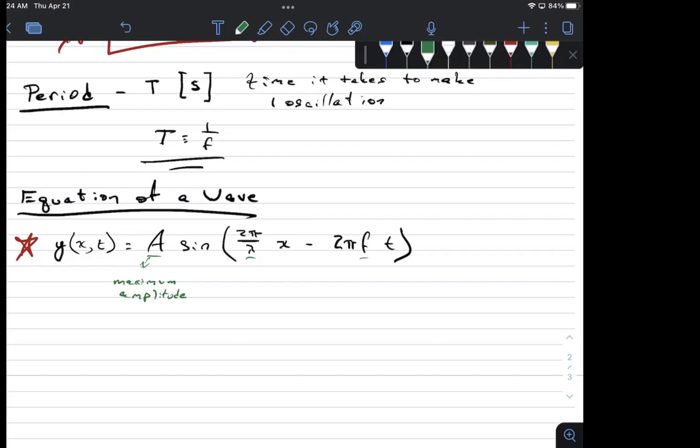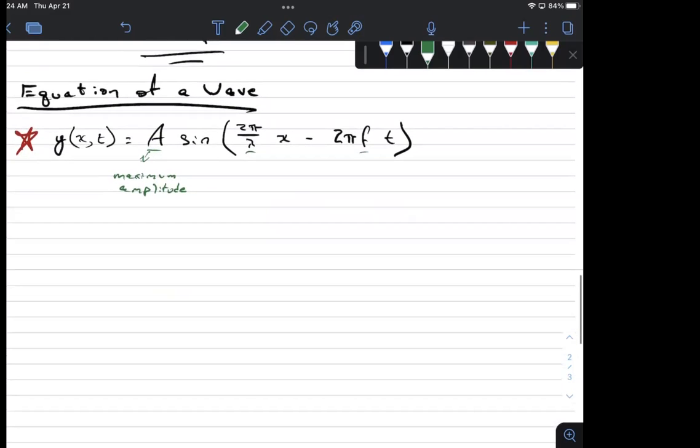That's ridiculous. So they do what they always do. They make the equation look pretty by creating a new variable. And so what we have is omega, which is a Greek letter omega. It looks like a kind of curly W. Omega is called the angular frequency.